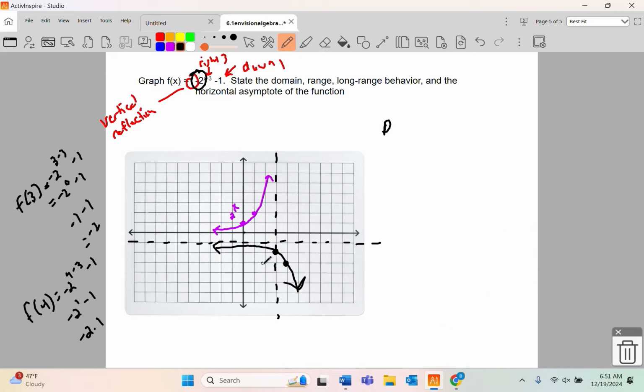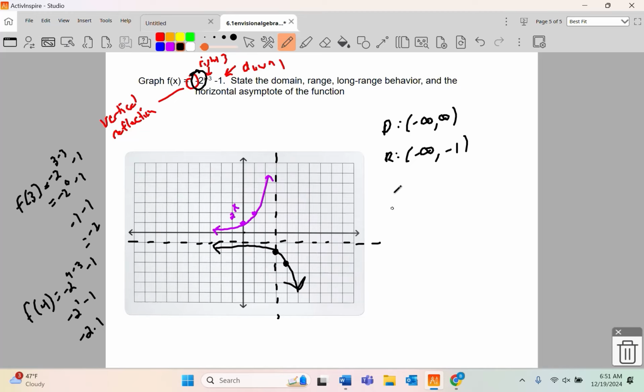The domain of my black function here, this is your f of x function, is like any exponential, negative infinity to infinity. Her range, the low y value is negative infinity, and she rises to a negative 1. Okay, let's see here. What else do we want here?